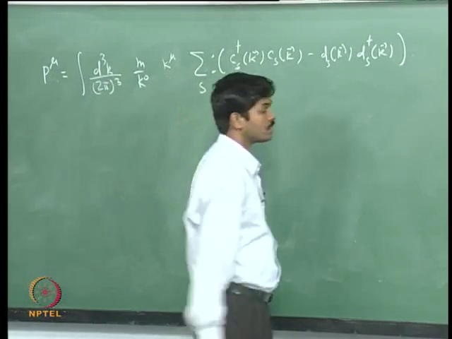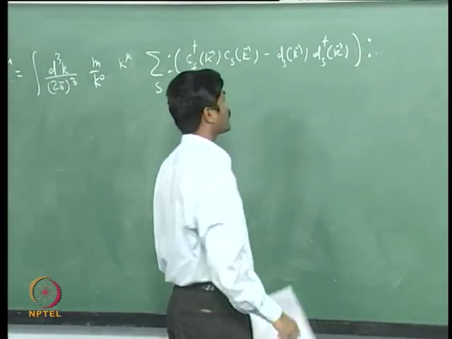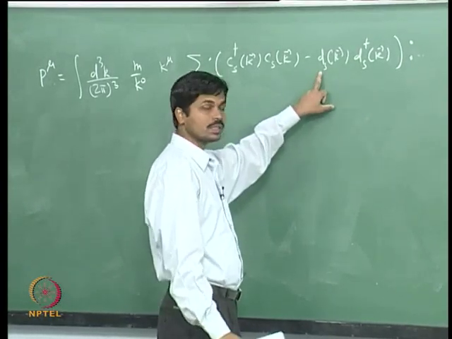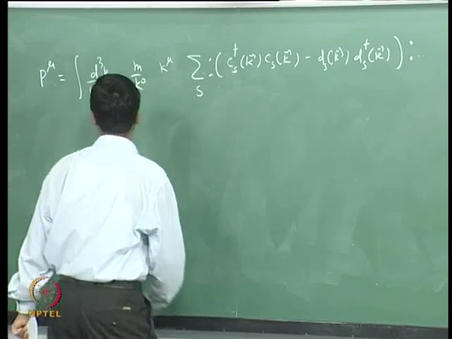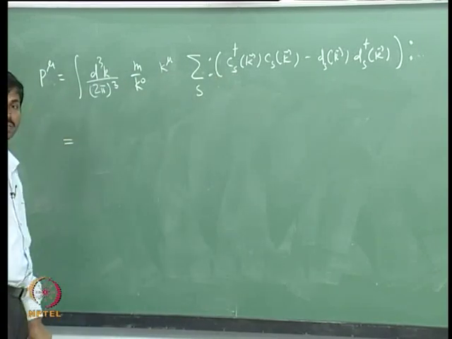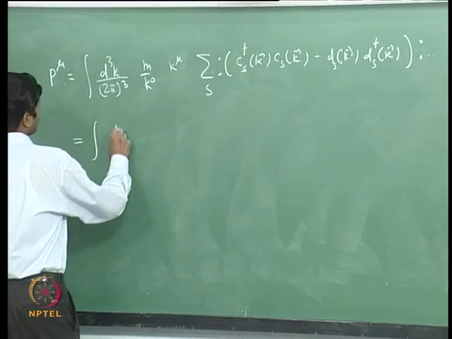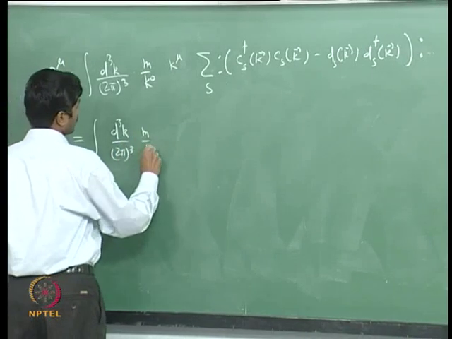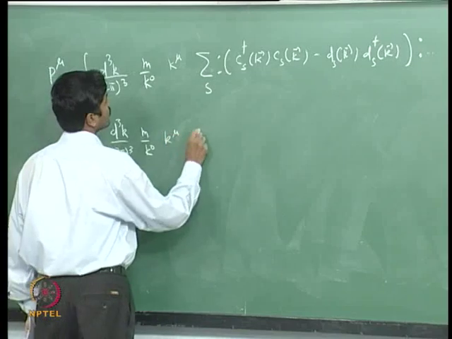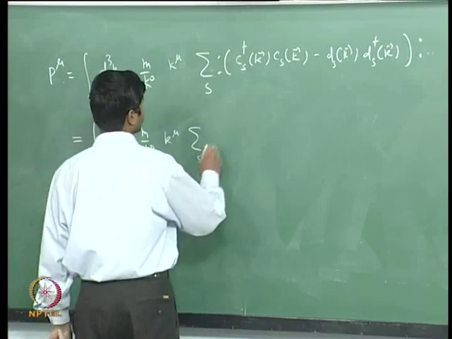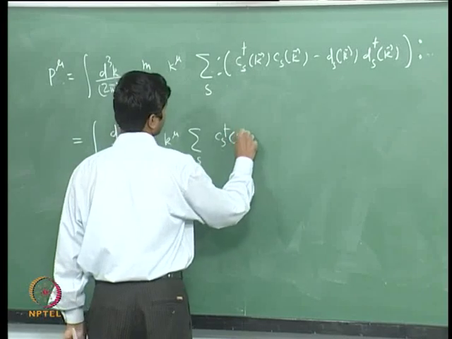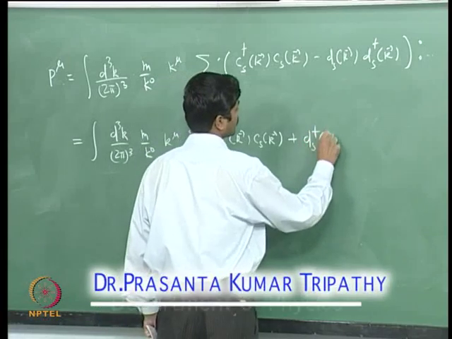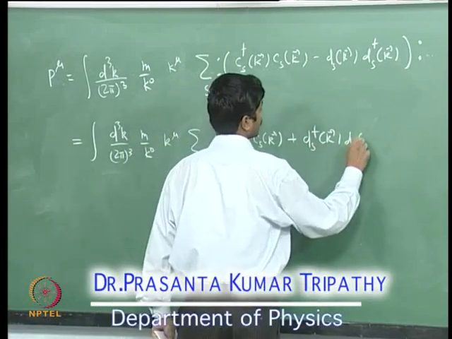So you have the normal ordering, and the normal ordering makes this move to the left, but it crosses once, therefore it will change the sign, and hence after you take the normal ordering you will get d cube k over 2 pi cube, m over k 0, k mu, sum over s, C_s dagger of k C_s of k plus d_s dagger of k d_s of k.